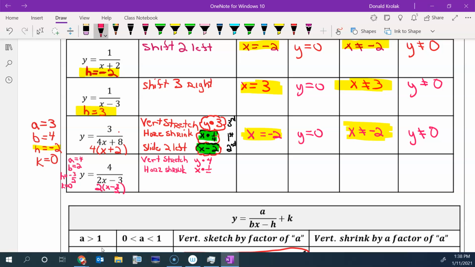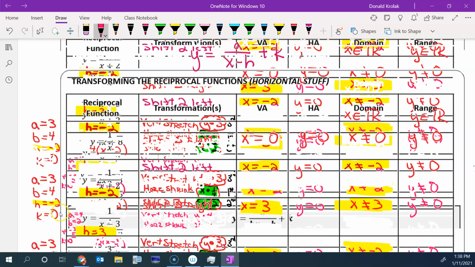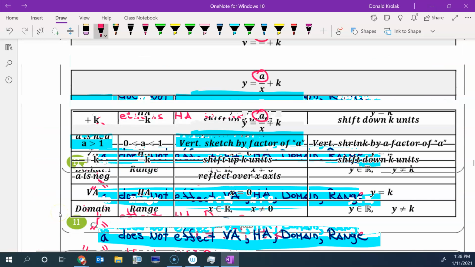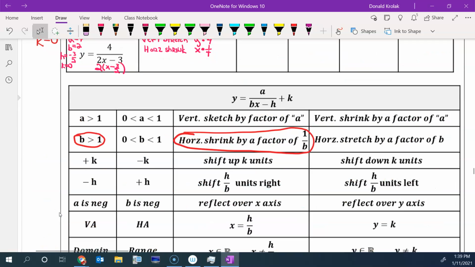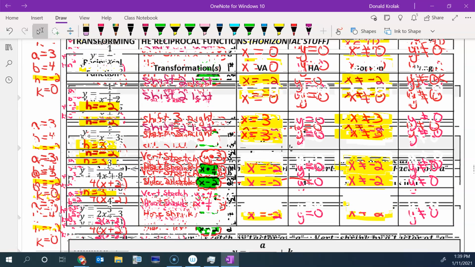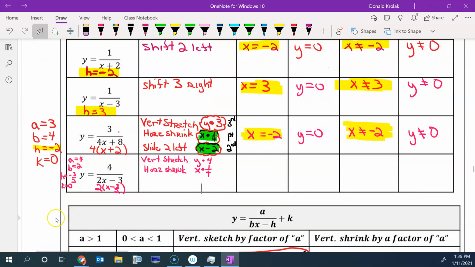Remember, that's bizarro world, so I'm multiplying. Right here it says a factor. Factor means multiplying by 1 over b. That's where the 1/4 comes from.